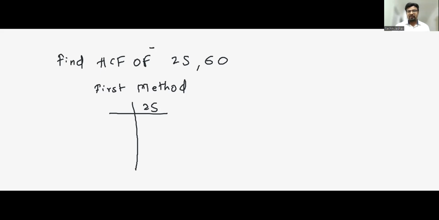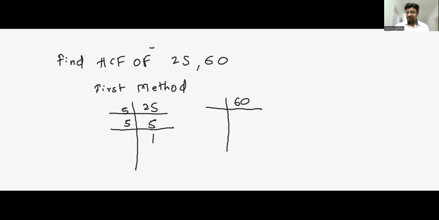So the next prime number is 5. We will take 5. 5 5s are 25. Here 5 is coming and 5 is divisible by 5 only because 5 is a prime number. So we will take 5, and 5 1s are 5. So the factors of 25 are 5 into 5.